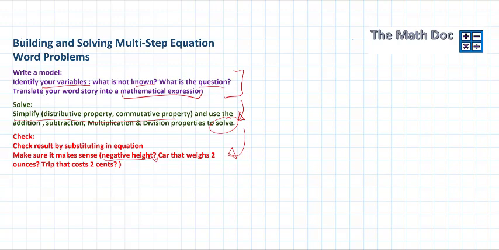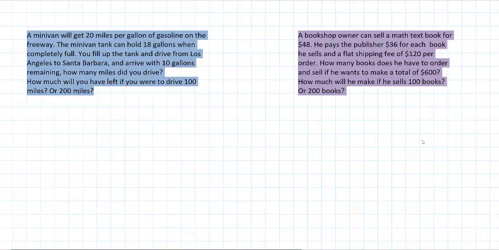So we will use our results to check that we built our model correctly and that we solved our equation correctly. So let's start looking at our first problem, and I included both problems here, but we will work with each one of them separately, obviously.